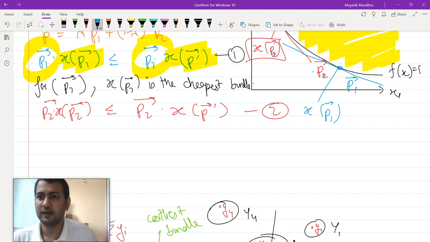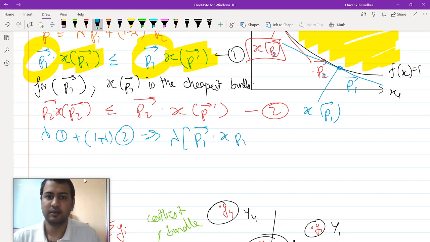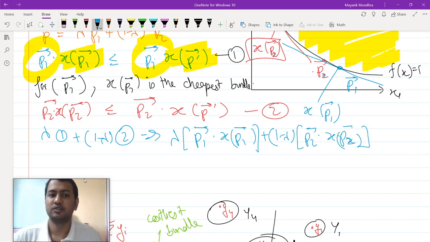I can write lambda times relationship 1 plus 1 minus lambda times relationship 2, which implies that lambda times p1 vector dot x of p1 vector plus 1 minus lambda times p2 vector dot x of p2 vector should be less than or equal to the right hand side, which has x of p prime common.